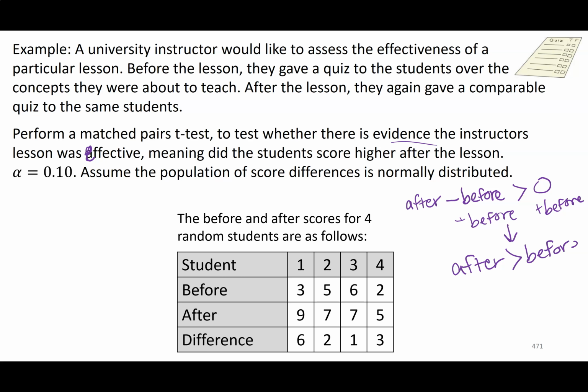Right? So this is what we want. And so we want to know pretty much on average, is the average quiz score change higher than 0? If that average quiz score change was higher than 0, that implies that on average people scored higher points after the lesson.